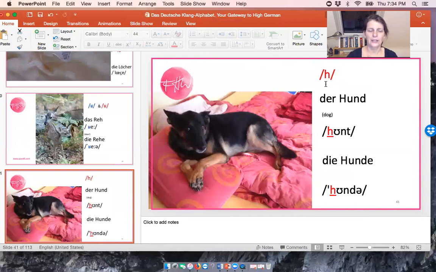Like you go to the doctor and he or she wants to listen to your lungs, and you breathe in and out, and this breathing out, that sound, that's like the hello, a little bit. It's not hello, there's no strong friction. It's just like a breathing sound. Hallo. Hund, der Hund. It's very soft. Der Hund.